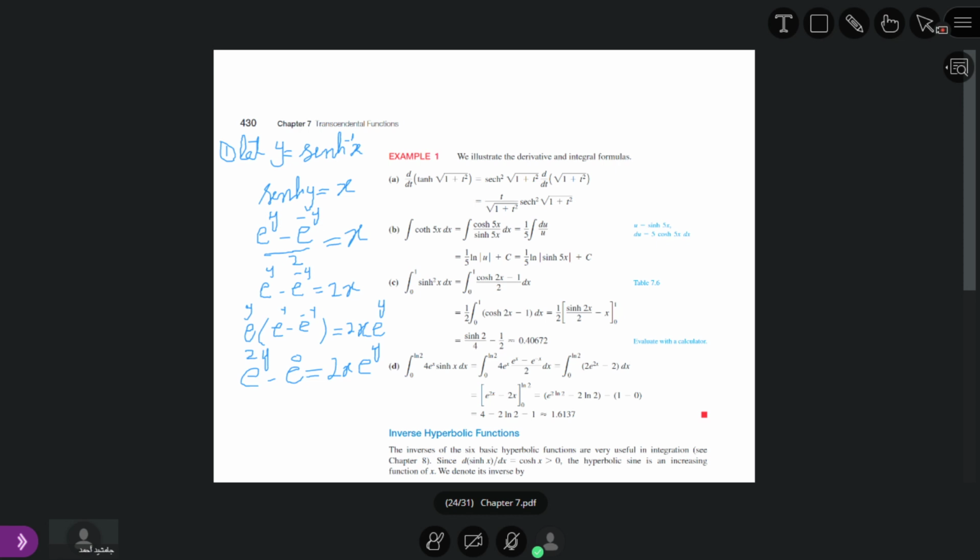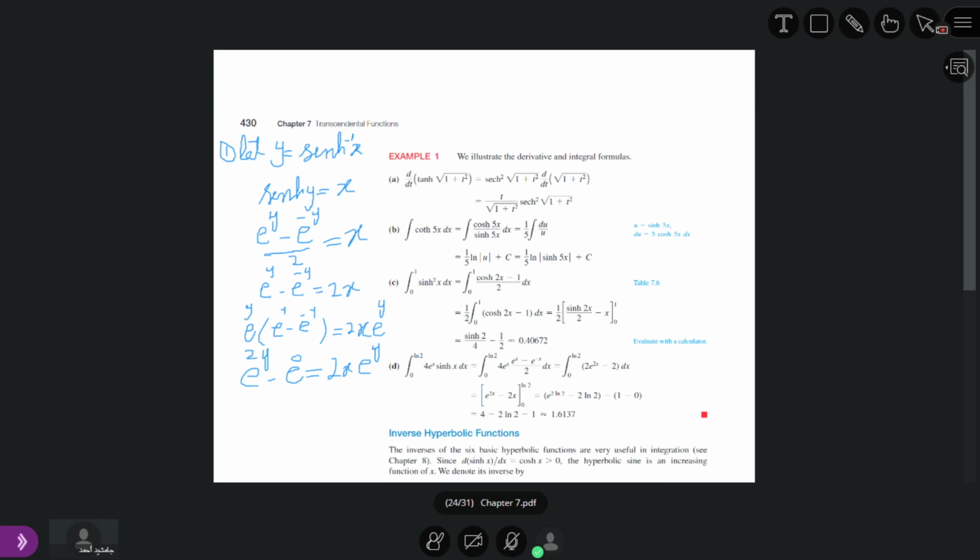After that, we shift this 2x e power y to the other side. Here it is positive, and whenever we shift it to the other side, it will become negative.